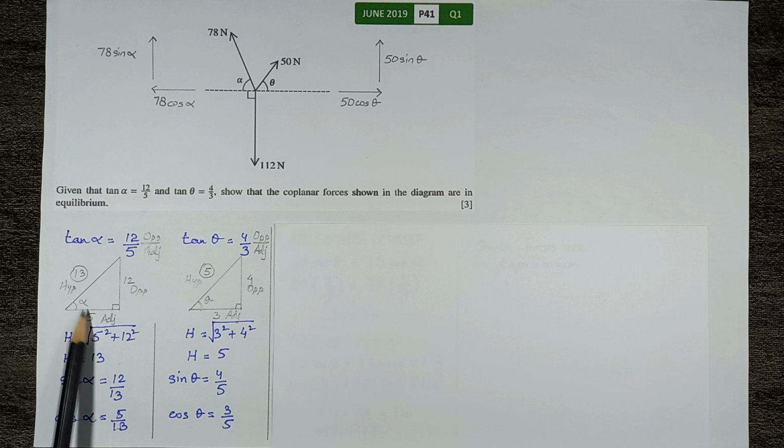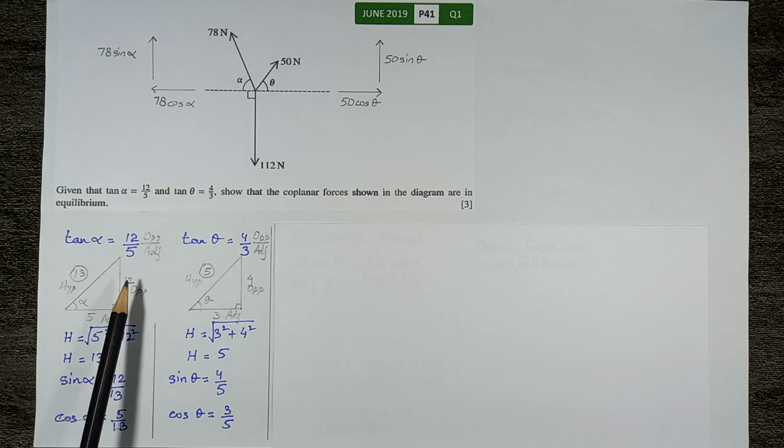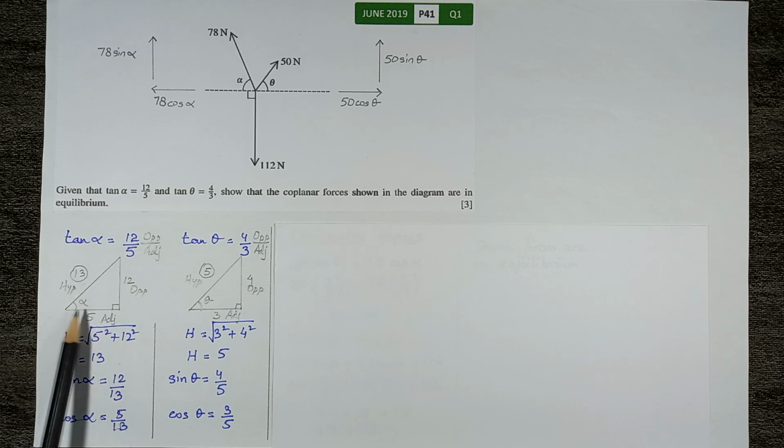Now because we have all the three sides, we could easily work out the sine and cos components, and sine alpha is 12 upon 13 and cos alpha is 5 upon 13. Similarly sine theta and cos theta from this particular triangle. So now we have all the values of sine alpha, cos alpha, sine theta, cos theta.